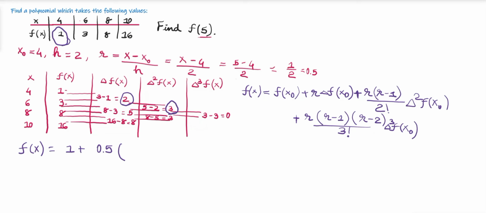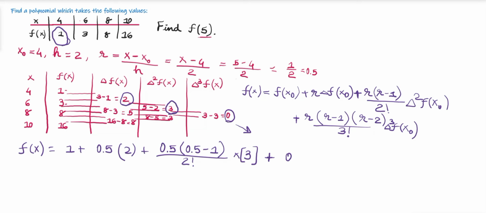Then the second value in the table of delta square f of x will be your delta square f of x naught, and the third value, that is the first value in the table of delta cube f of x, will be your delta cube f of x naught. So it's simple, just input all of these, 0.5 into 0.5 minus 1 upon 2 factorial into 3 plus delta cube f of x naught is 0, so we'll just put it 0.